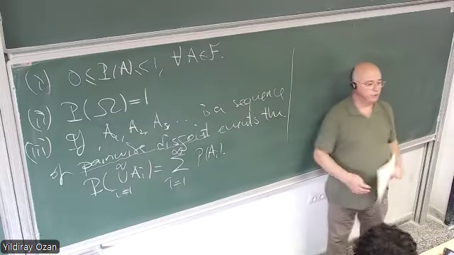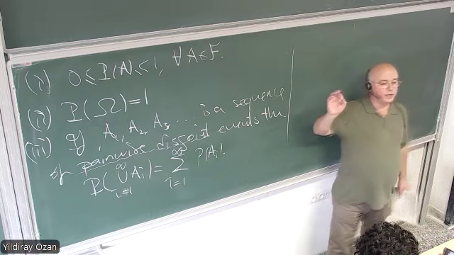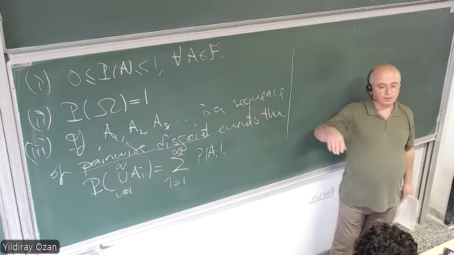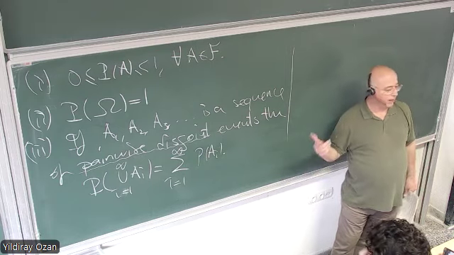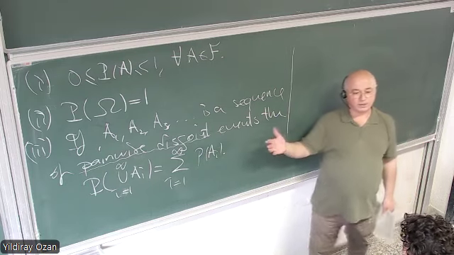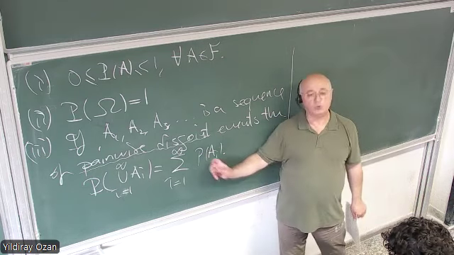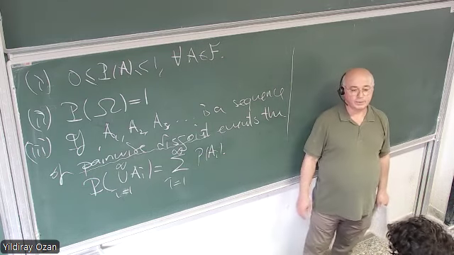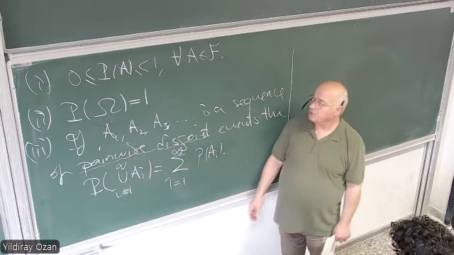So you flip a coin. If it's a fair coin, then with probability 1/2 it will come heads. With probability 1/2 it will come tails. And the sum of the two probabilities is just 1, right?